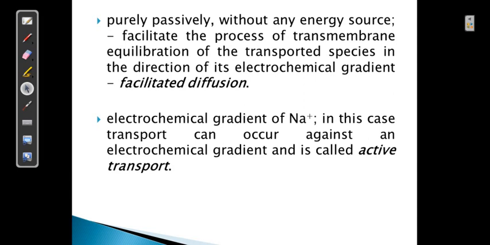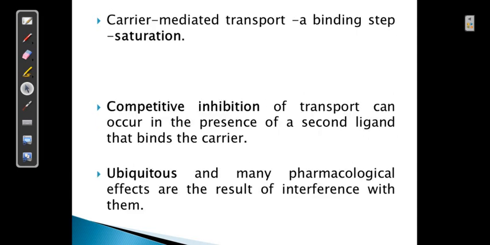Further, active transport may be classified into primary active transport and secondary active transport. Now, the characteristic of the carrier mediated transport system is that it may get saturated because there is a binding step. This binding site may be occupied and it will undergo saturation. Second, there is competitive inhibition.